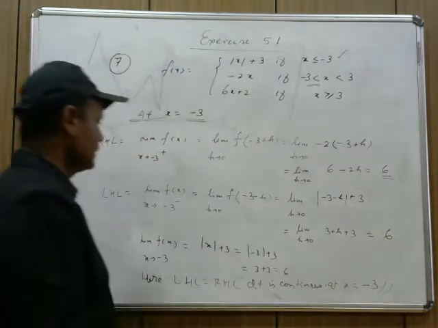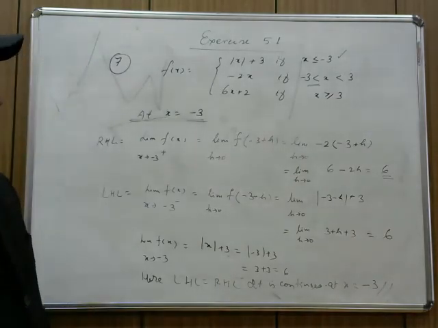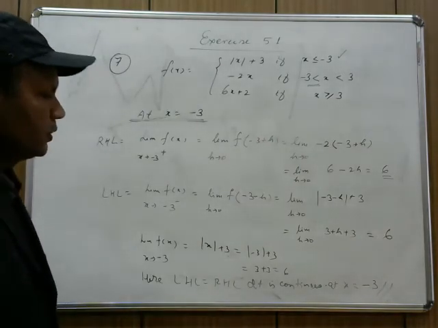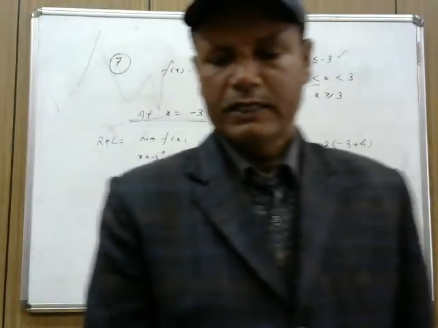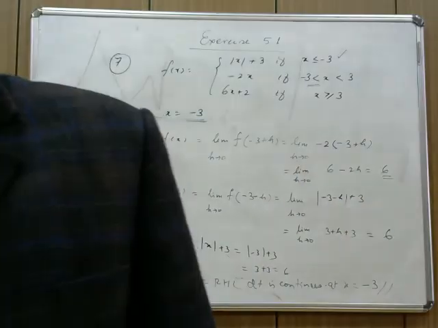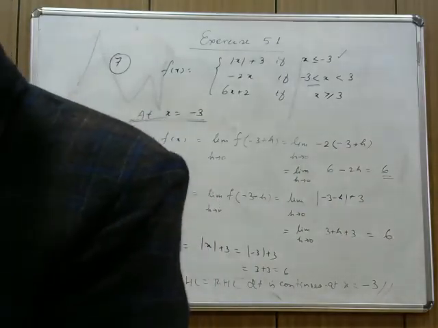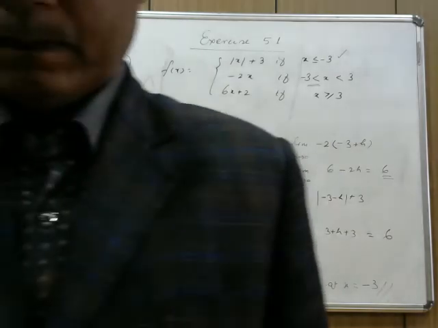The given function is continuous at x is equal to minus 3, but it is not continuous at x is equal to 3. Same way we can do almost all the questions of this exercise. I think altogether there are 34 questions.